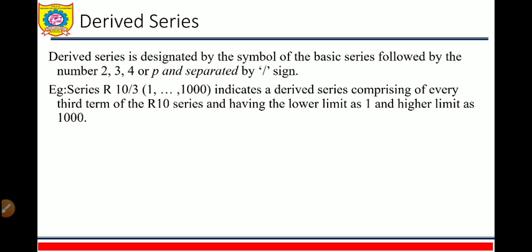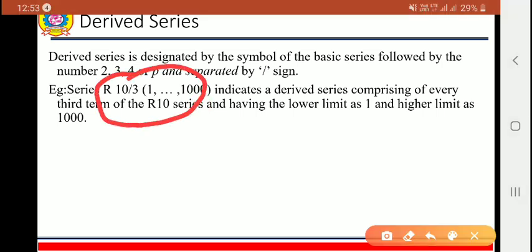Example: R10/3 in brackets, 1 to 1000. So what does it mean? R10/3 (1 to 1000) indicates a derived series comprising every third element of the R10 series and having a lower limit of 1 and a higher limit of 1000.